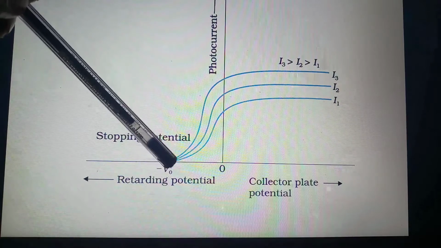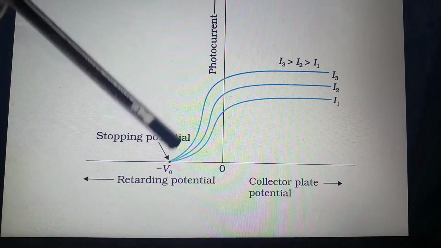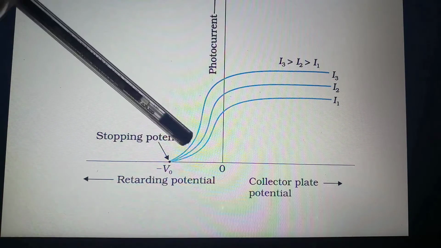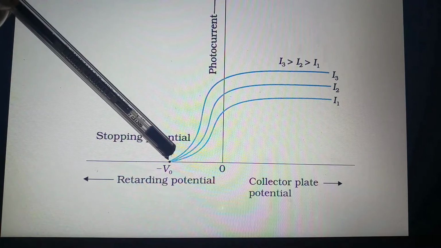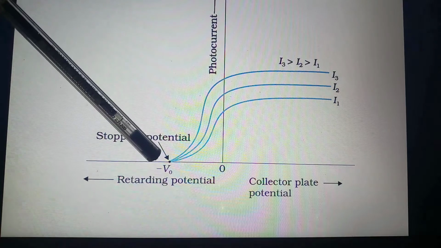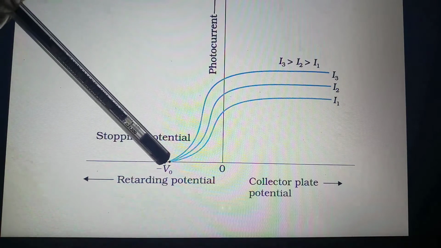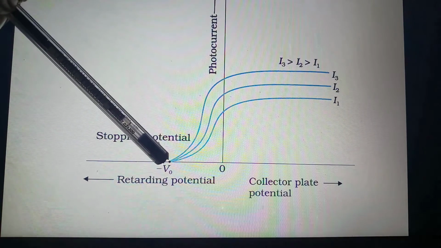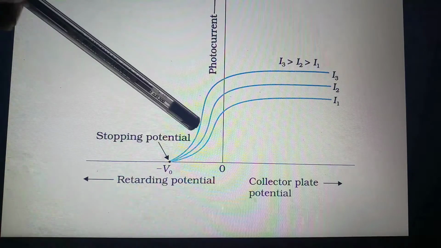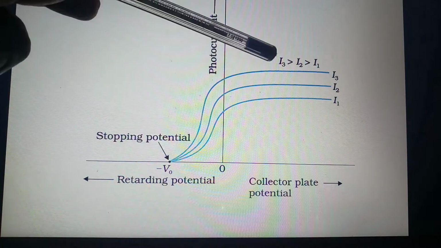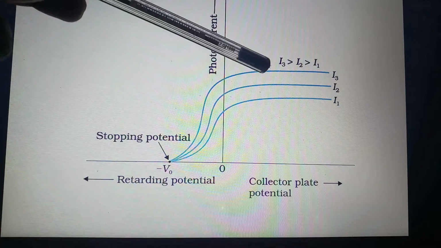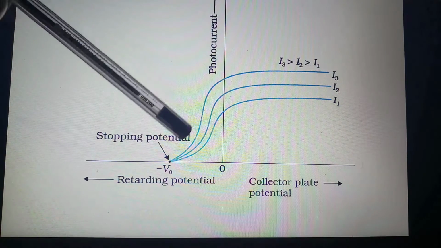It means that the stopping potential is independent of the intensity. Actually the stopping potential depends on the maximum kinetic energy of the electron. That is, when the stopping potential is reached, the electron with the maximum kinetic energy also gets stopped. So the maximum kinetic energy does not depend on the intensity of the radiation. That is very, very important.